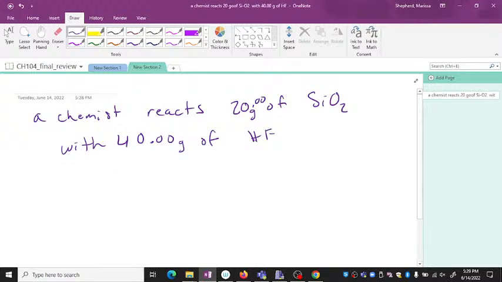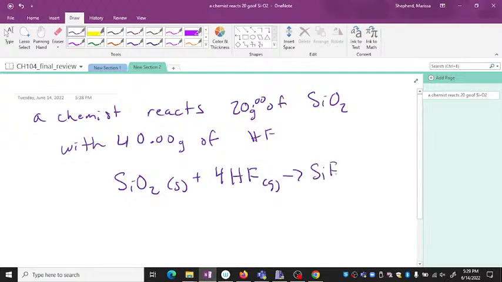And so you're given this formula of silicon dioxide plus 4 equivalents of HF gives you silicon tetrafluoride plus 2 equivalents of water.